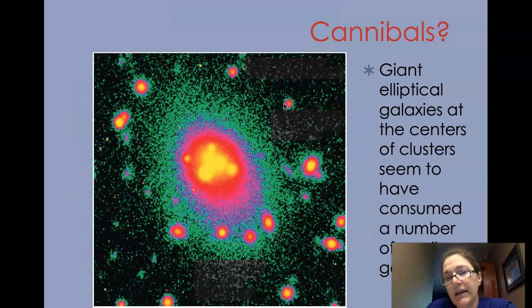And then when we look in even closer at those ellipticals, we see that the elliptical may have in its core several, it looks like baby galaxies, but more likely those are the active galactic nuclei, like our Sagittarius A star, and there are several of them that have collapsed and combined together to make that elliptical.